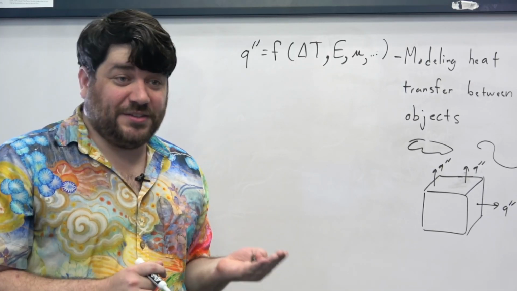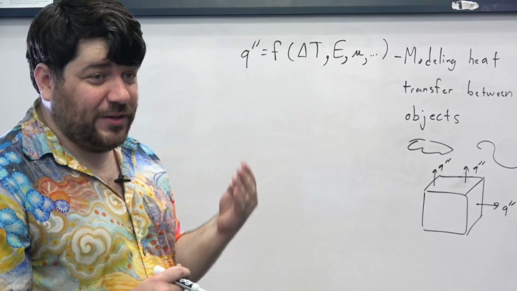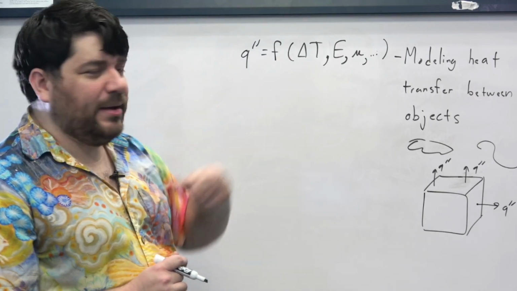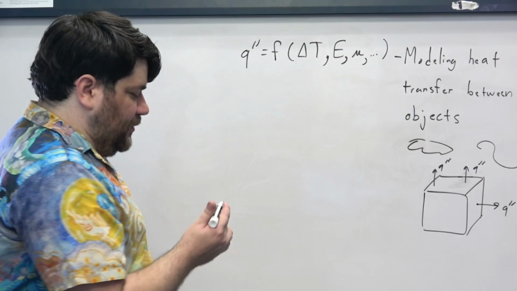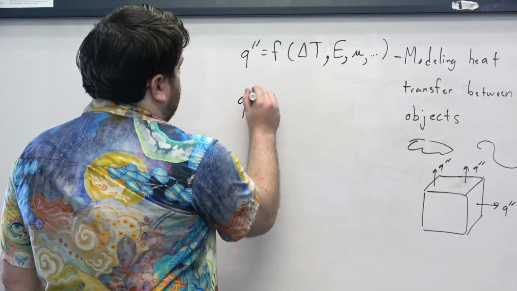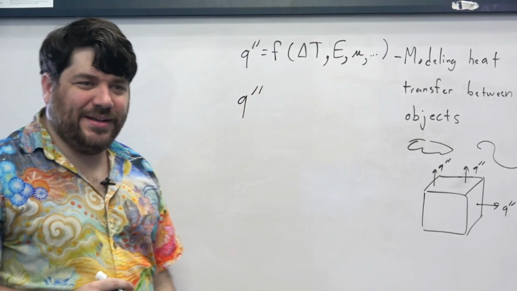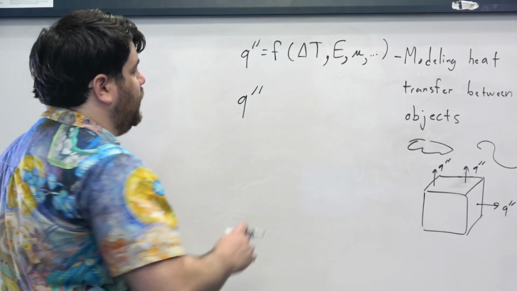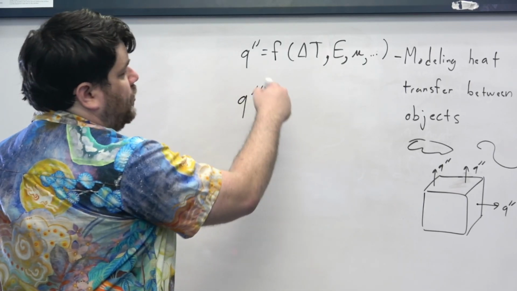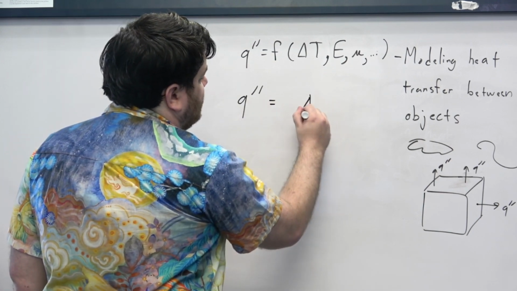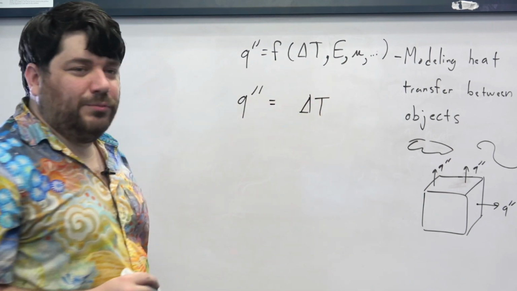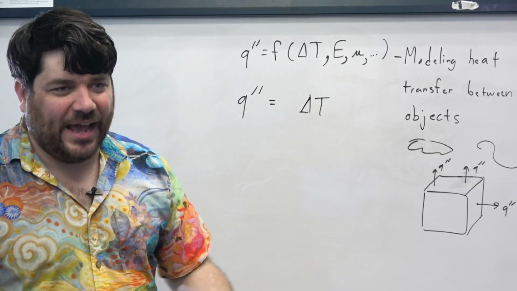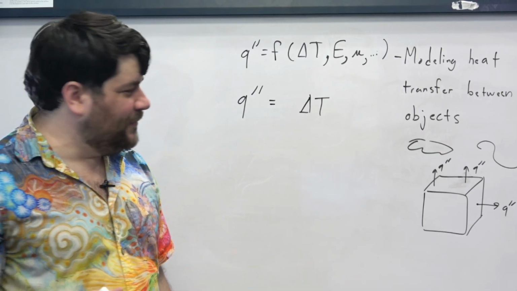If that function looks like a straight line, that means that there is a linear relationship close to delta T equals 0 between Q double prime and delta T. And so what that winds up meaning is that we can generate an approximation of a linear relationship between Q double prime and delta T, which is mediated by the slope of that line, which we would have to empirically measure, right?